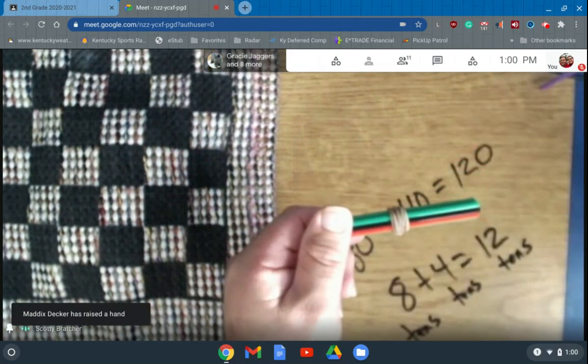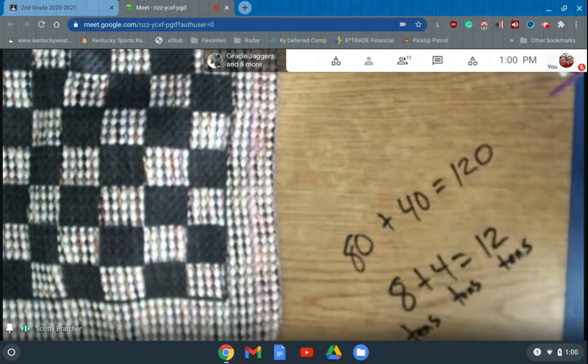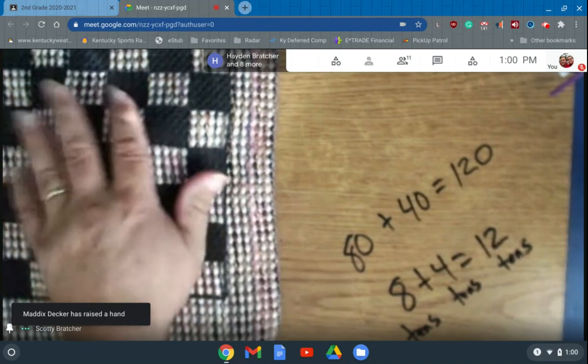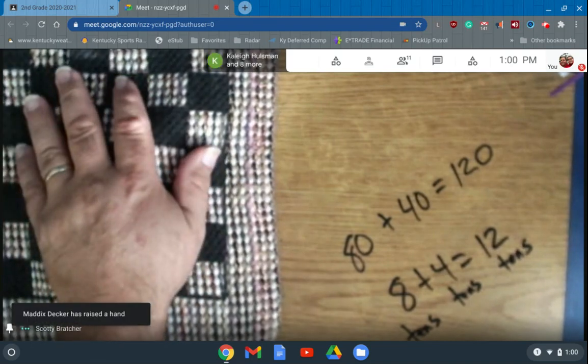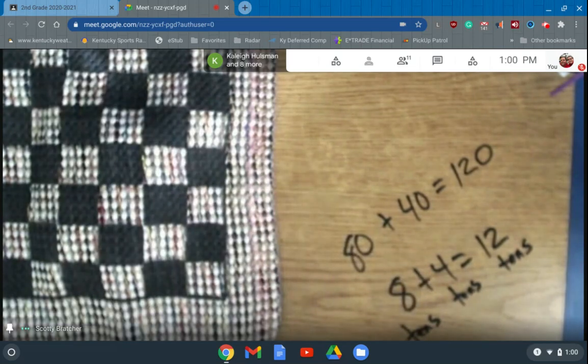These are tens, okay? So let's see here. Can somebody else explain to me what's wrong here? Because almost everybody had their thumb down. Okay, Austin, talk to me, buddy. You need a 100 bundle. Oh my goodness, I need a 100 bundle.